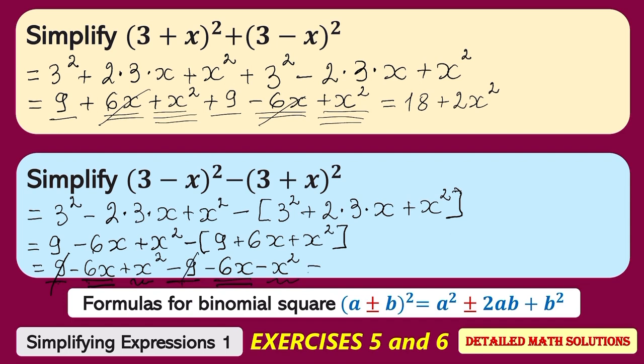Then I have negative 12x, and then I have x squared minus x squared. They're the same term with opposite sign, so they cancel out because their sum equals 0. And this way, negative 12x is the final answer for this exercise.